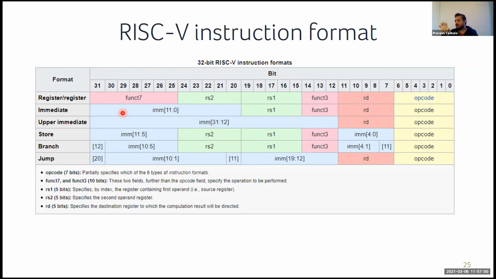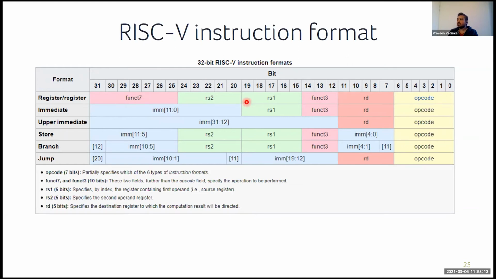Different instructions have different ways of presenting that information, but overall, what the instruction is can be decoded from 3 different parameters here: func7, func3, and opcode.